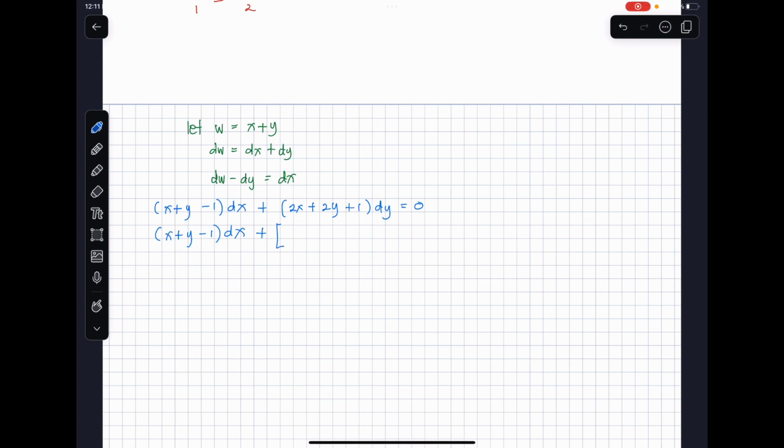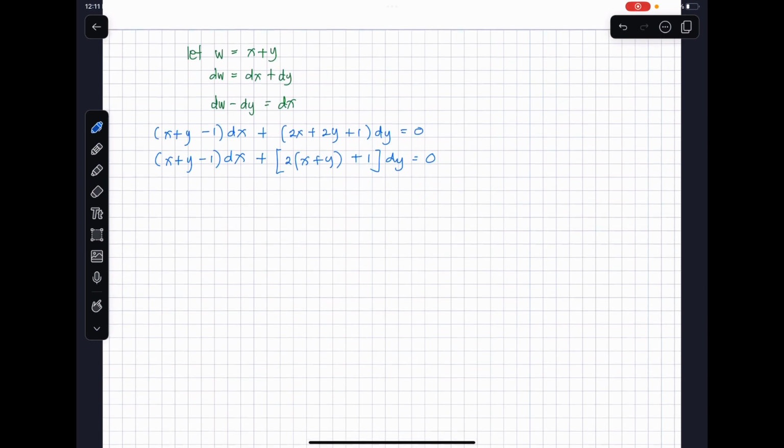But what is common here is 2. The 2 is only common to 2x and 2y, not to the 1. So when we factor it, that would be 2 times x plus y, and we still leave the 1 there. In previous solutions of other students, they multiplied the 2 to the 1 as well. Remember that it is 1, not 2, so we cannot factor out the 2 for the entire function. We can only factor out the 2 from 2x and 2y, so that's why we leave the 1 there.